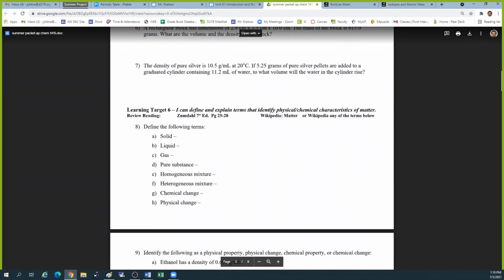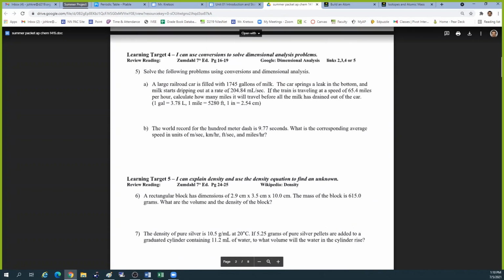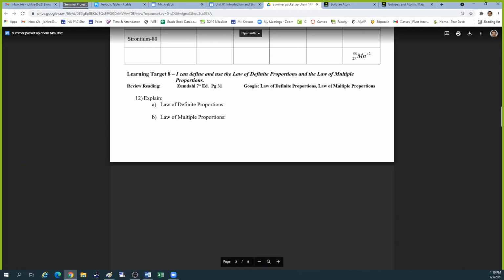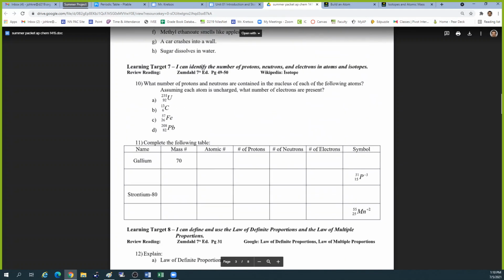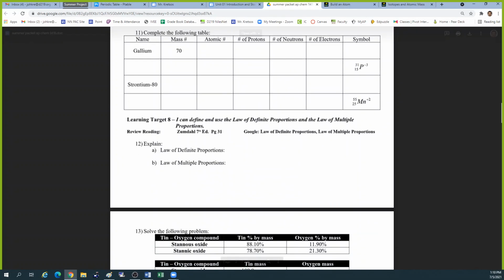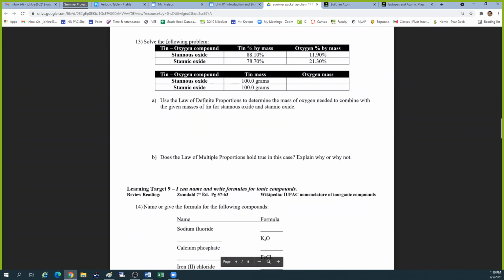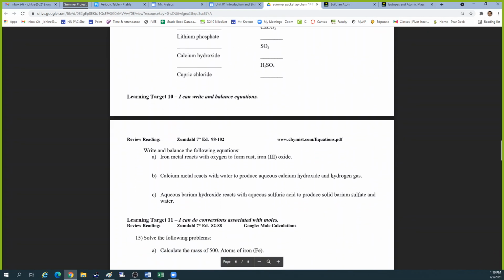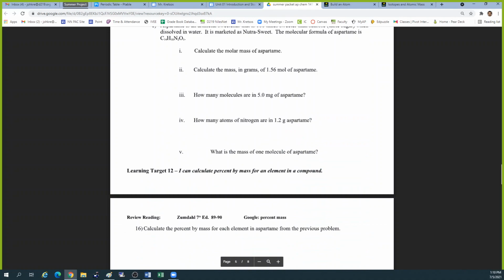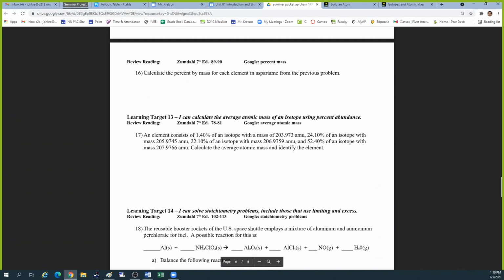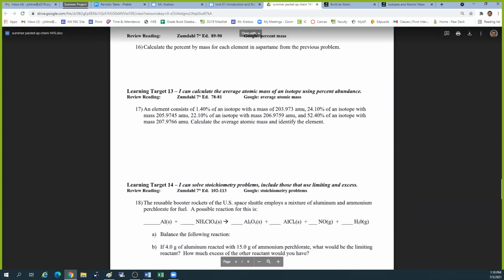Somewhere around here. Or do we not cover it in the summer packet? I thought we did. Maybe not. Isotopes, no, or does it come later? I think it may come later on in the packet. Ah, here, okay. So I just did basically this problem here.